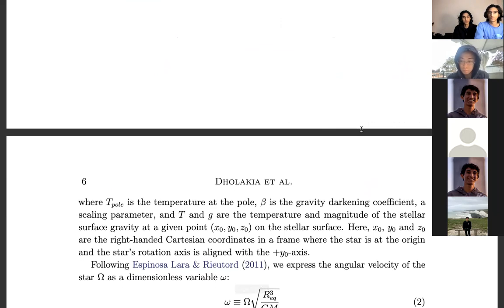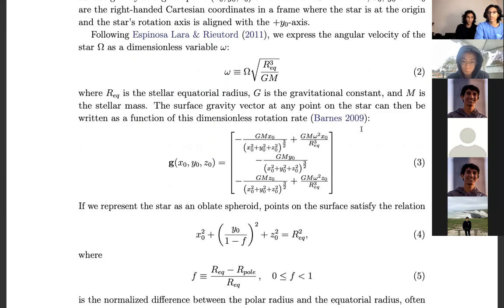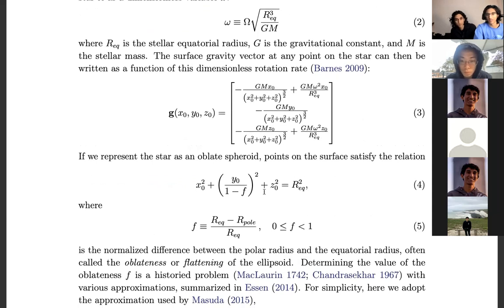So this is the actual math. And then the last thing that I want to describe is this parameter f, which is the oblateness parameter of the star. It's defined as the equatorial radius of the star minus the polar radius, divided by the equatorial radius. And it's again a number between 0 and 1, which describes how oblate the star is.